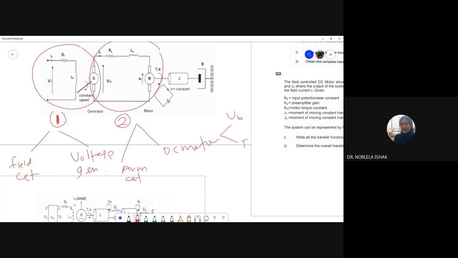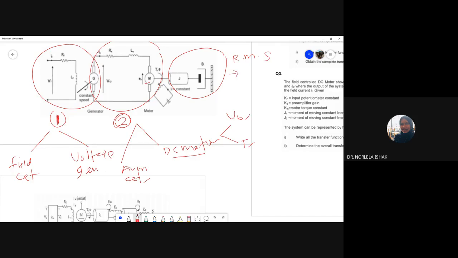After that, we go through our system number 2, armature control DC motor. You have to derive your armature circuit, and then you have a DC motor here. You can derive 2 equations from the DC motor subsystem: the back EMF and the torque. And the last one is a rotational mechanical system. From here you derive its equation.